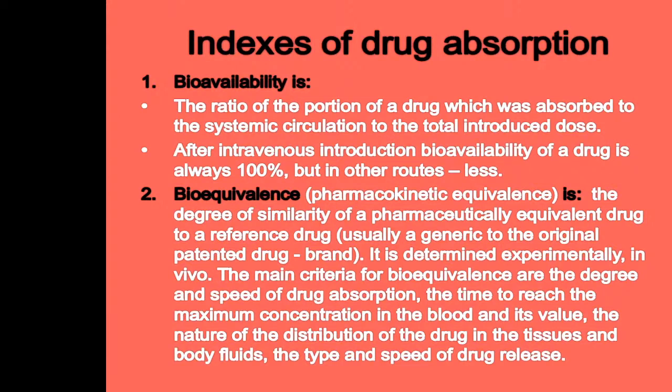This is the ratio of the portion which is absorbed to systemic circulation to total introduced dose. The introduced dose is 100%, but for example only 40% absorbed to systemic circulation. It means that bioavailability is 40%.